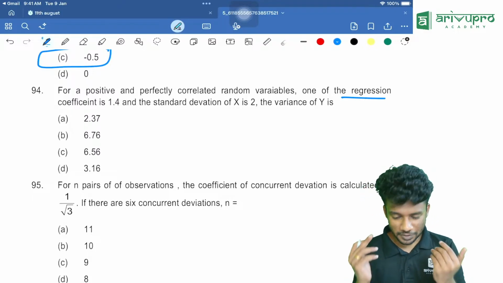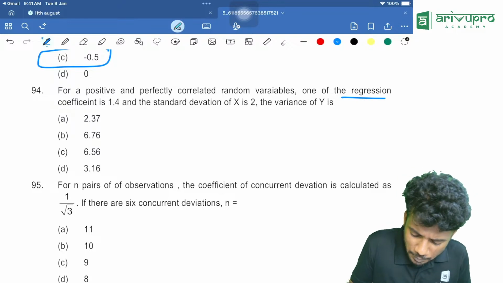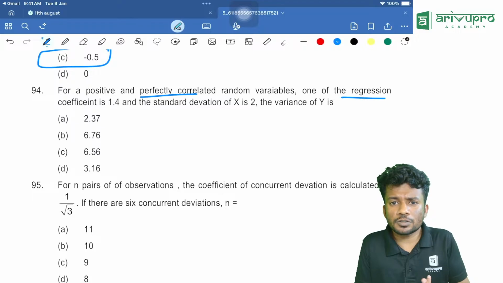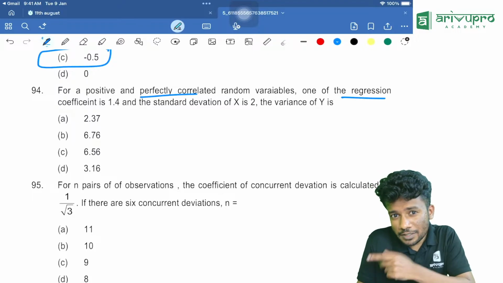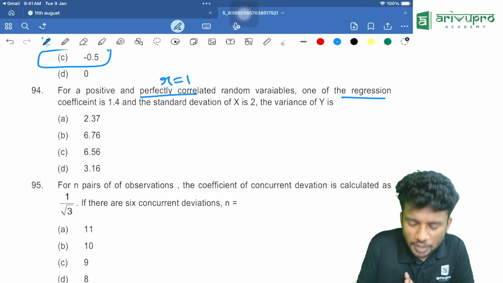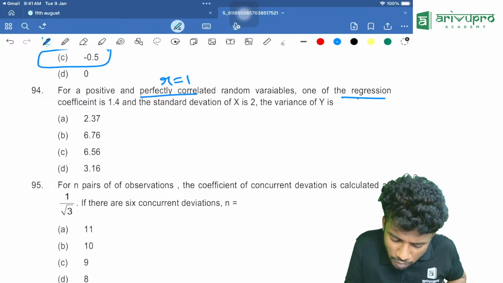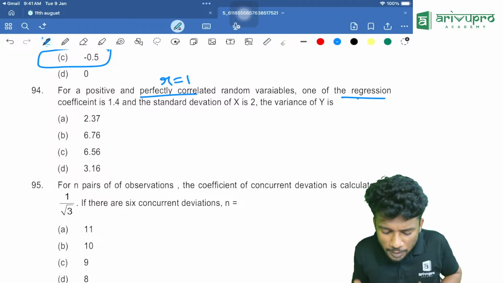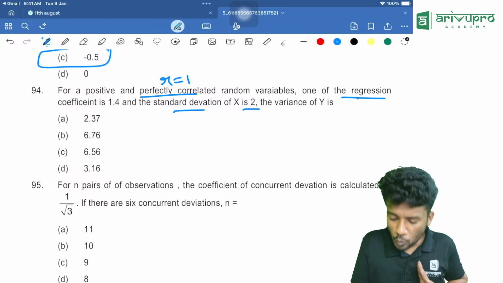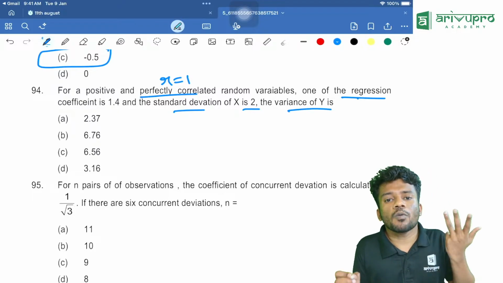Okay, don't make mistakes. Now, for a positive and perfectly correlated variable, perfect correlation means what? R is equal to perfect positive or perfect negative. It should be plus or minus 1. Here we will take R is equal to 1. Then one of the regression coefficients is 1.4 and the standard deviation of x is equal to 2. Then the variance of y is the question.